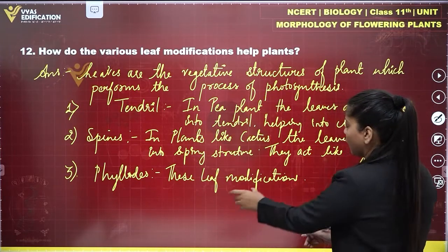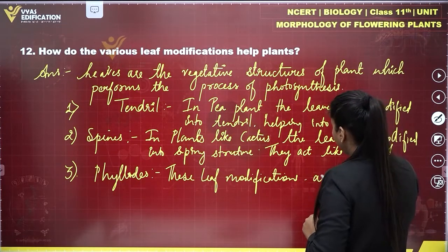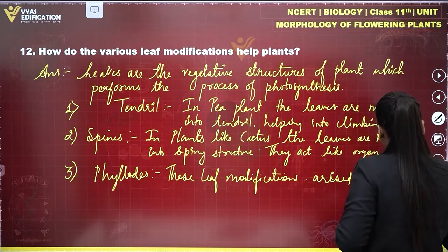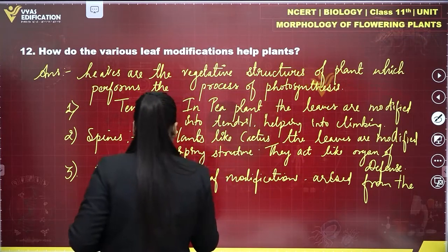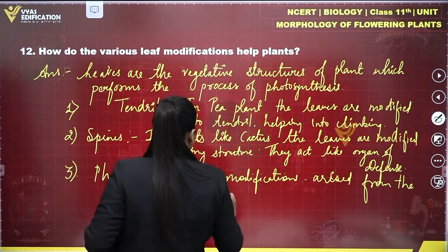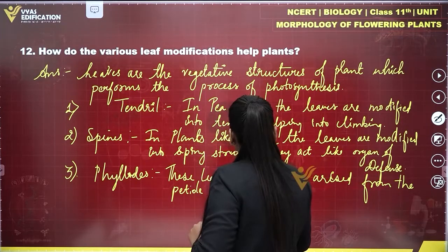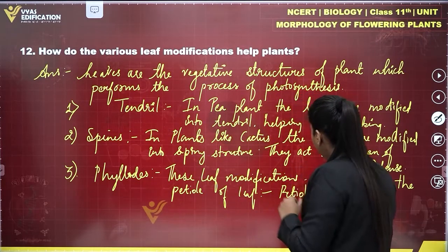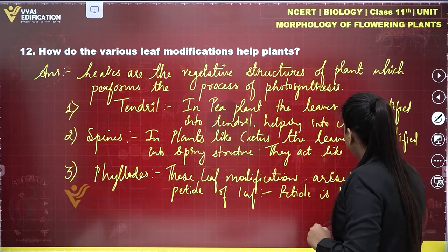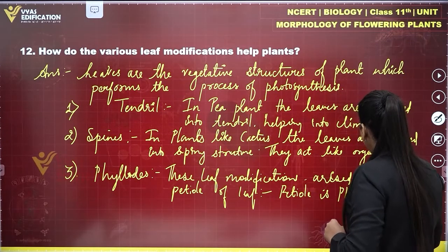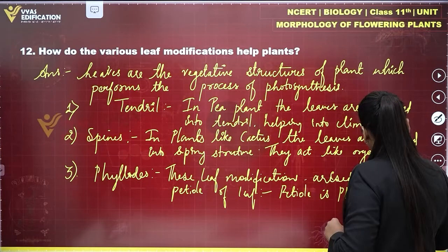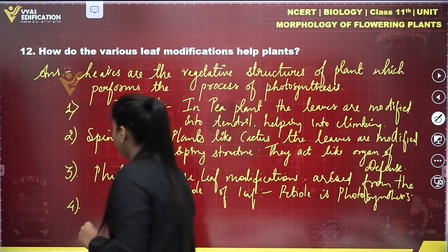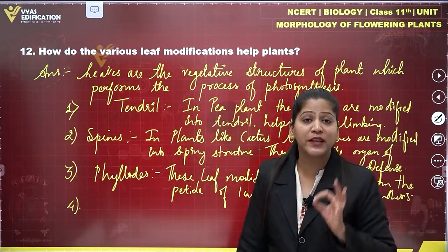These are modified leaves that arise from the petiole of the leaf. In these kinds of plants, this petiole is performing photosynthesis, not phyllodes, right?